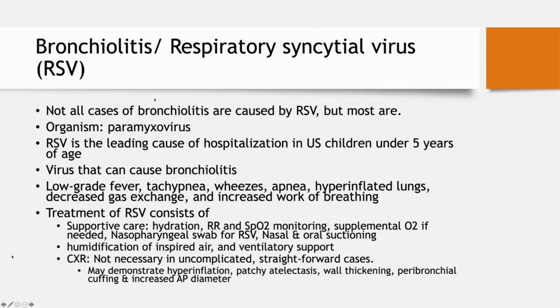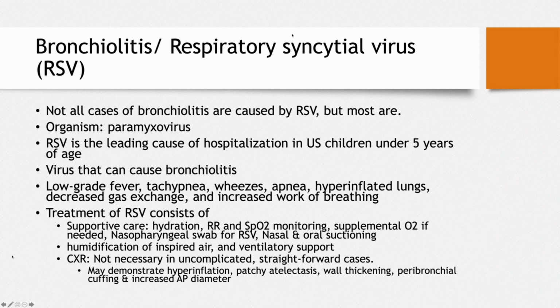Moving on, next we have bronchiolitis/RSV. The reason I put these two together is because they have essentially the same clinical picture. Not all cases of bronchiolitis are caused by RSV, but most are. Bronchiolitis is a constellation of symptoms: low-grade fever, tachypnea, wheezing, a little bit of cough, and URI-type symptoms that go along with it.